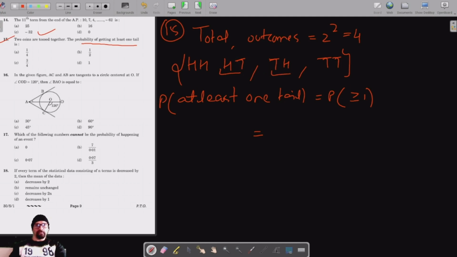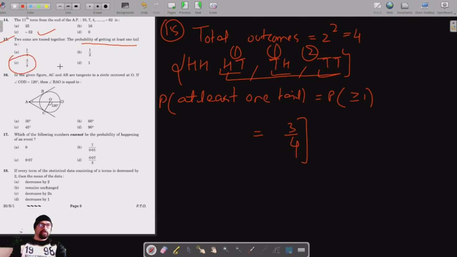These are the options in which the tail is 1, and here the tail is 2. So we have to consider all these three options, which is 3, and the total outcomes were 4. So the required probability is 3 by 4, which is option C. And let's move on to question number 16.